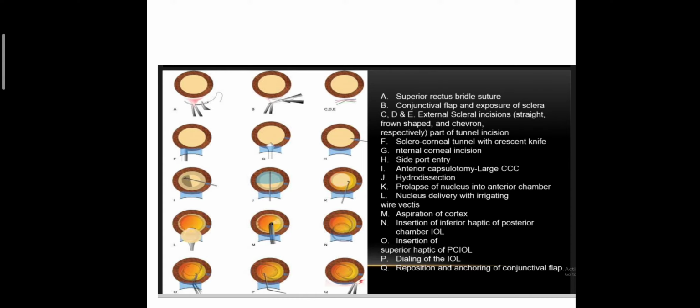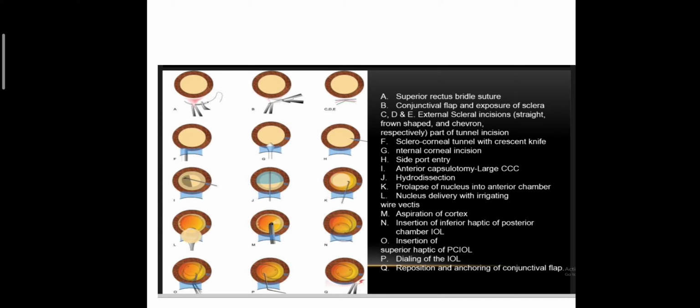After the incision, a corneoscleral tunnel is made with the help of a crescent knife. You can see a crescent knife is passed along the sclera, swept, and it has entered even into the cornea. Hence we call it a corneoscleral tunnel, which extends 1 to 1.5 millimeter into the cornea.